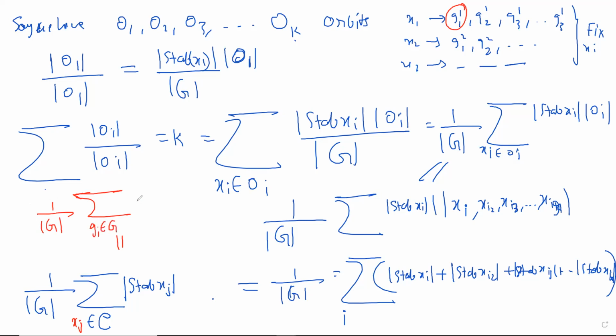For every motion you can ask the number of configurations fixed by GI. These are also called fixed points of the motion GI. Okay, so you take a motion and see what configurations it fixes. For example, yeah, okay. This is the number of orbits.